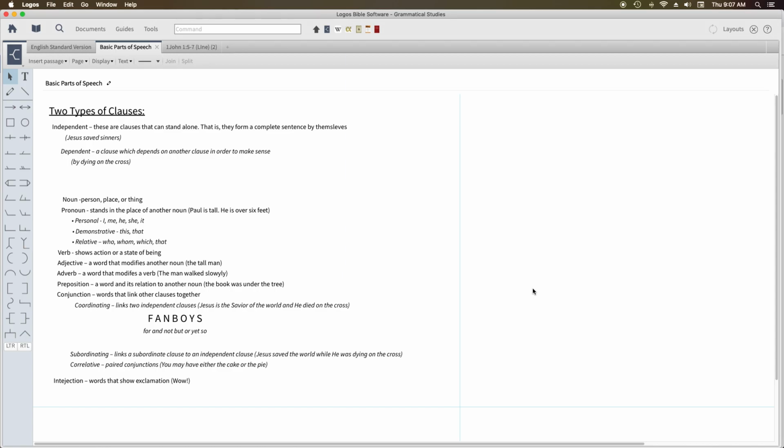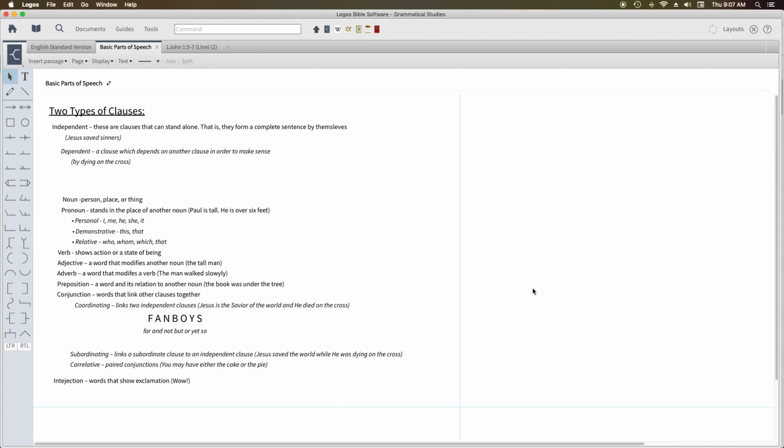Let me give you an example: the book was under the tree. Your prepositional phrase is under the tree. However, the preposition under is showing its relationship to the noun book. It's telling us where that book is. It's under the tree. And that's what prepositions do.